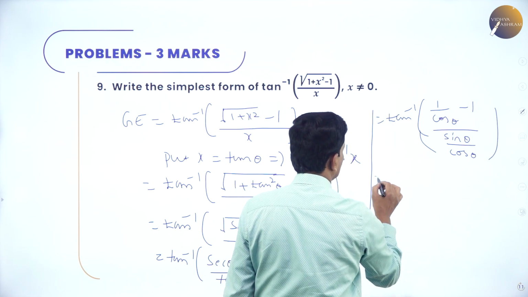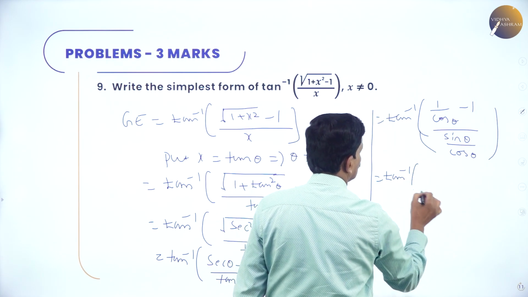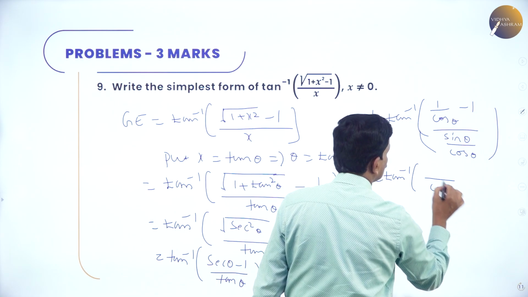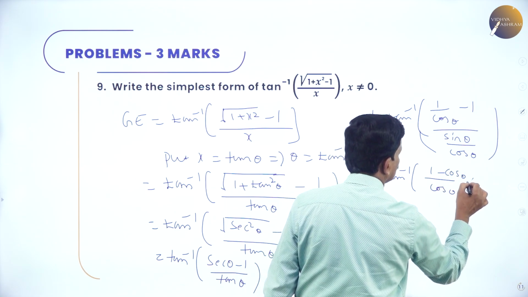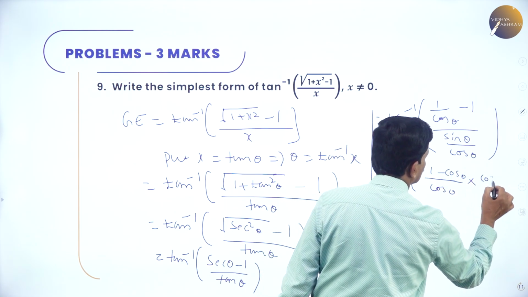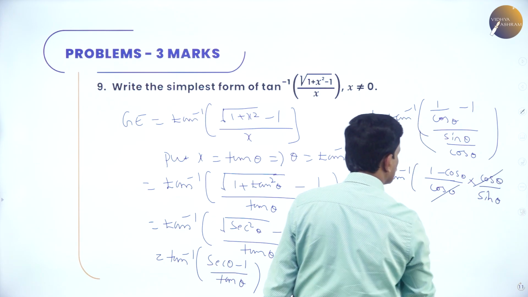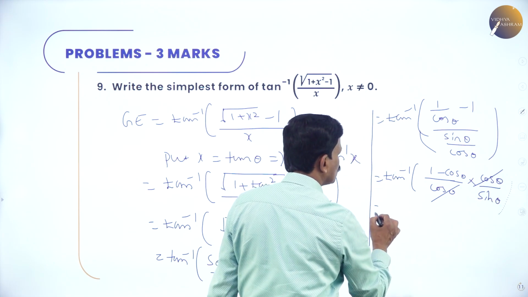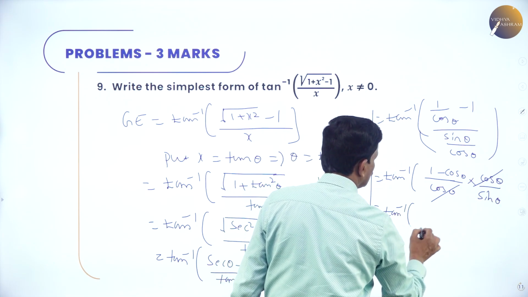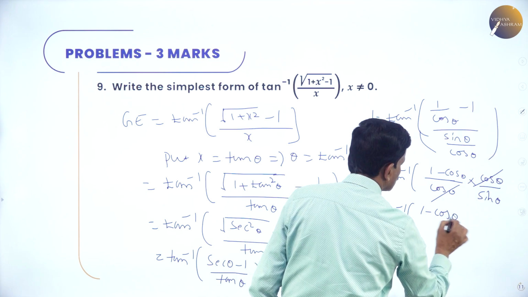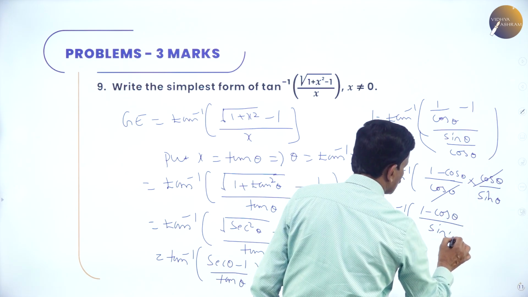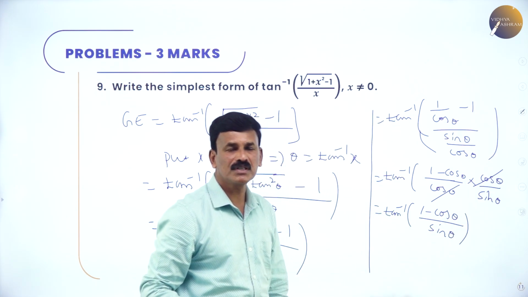Take LCM and simplify. Tan inverse, in the numerator cos theta is the LCM, 1 minus cos theta, and transfer this to the numerator, cos theta divided by sin theta. Cos and cos get cancelled. So what is left over is tan inverse of 1 minus cos theta divided by sin theta. Okay, simplify this, you will get the answer.